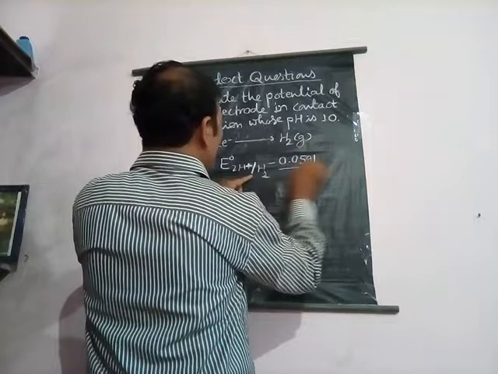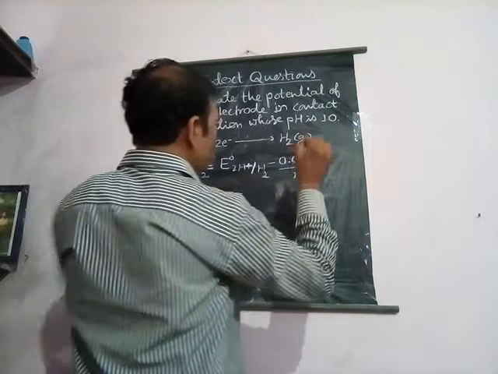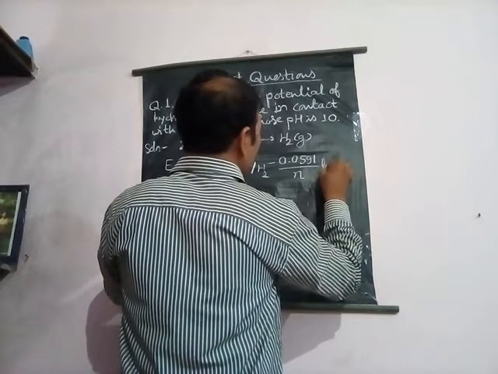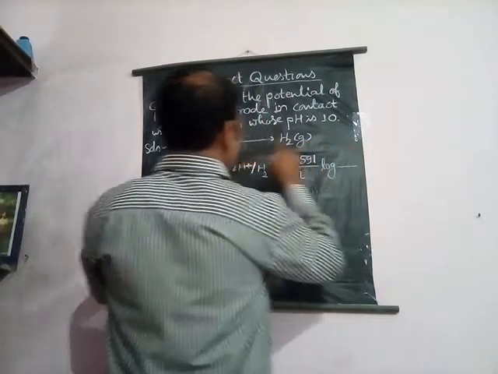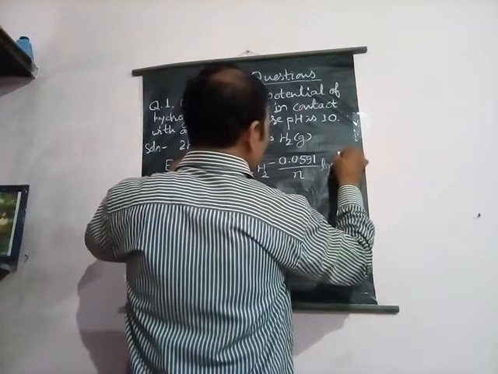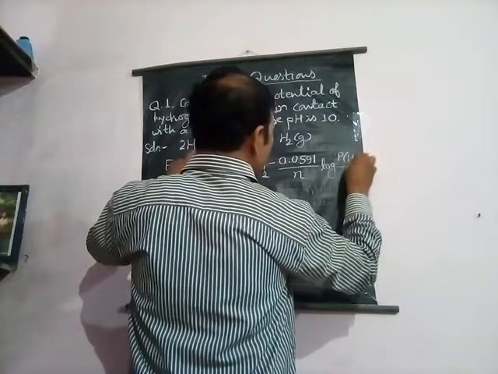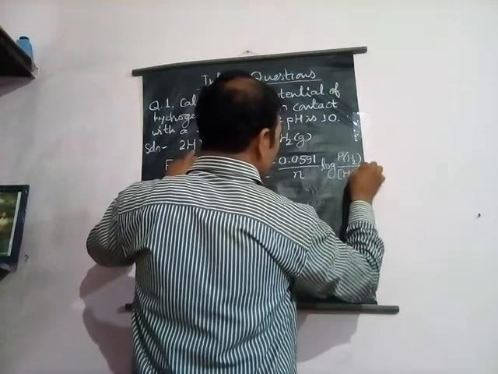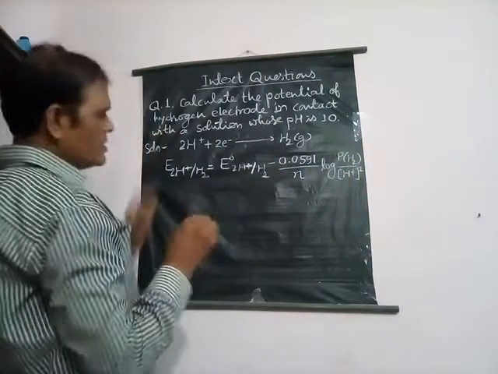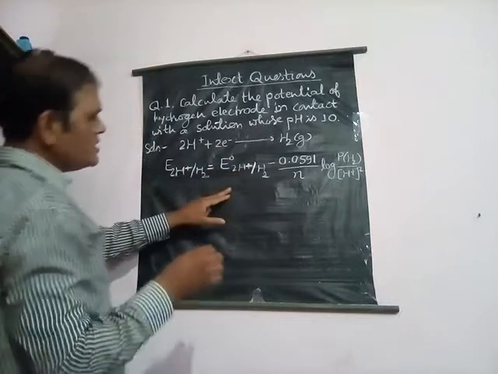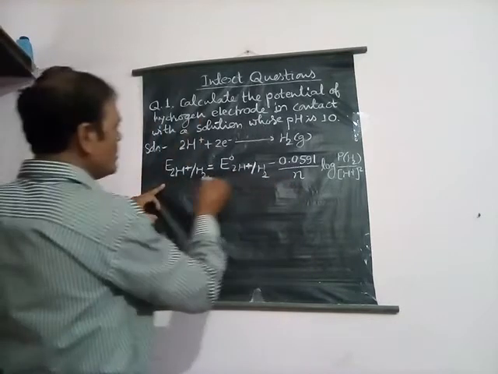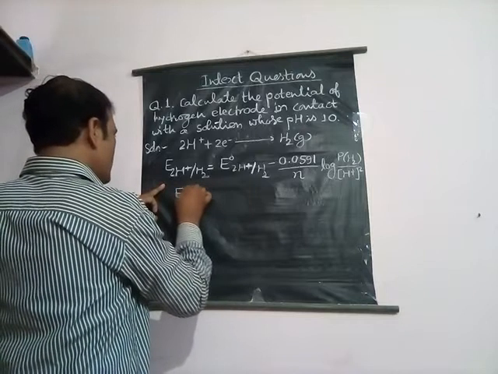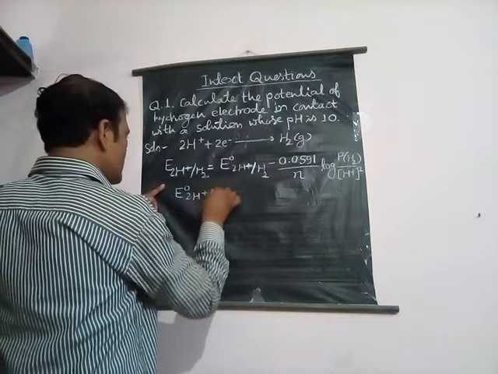0.0591 upon n, and you can also take the log of the pressure of the hydrogen gas, PH2, and the concentration of H positive ion, that is given here as 2H positive. Now what is the value of E naught 2H positive upon H2?